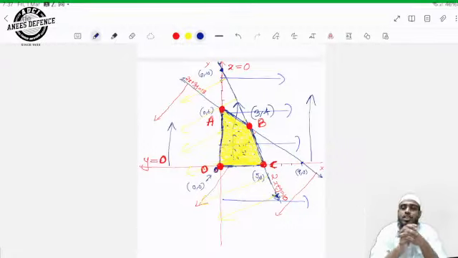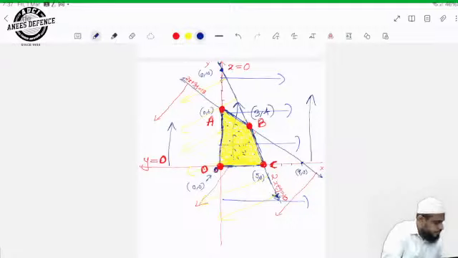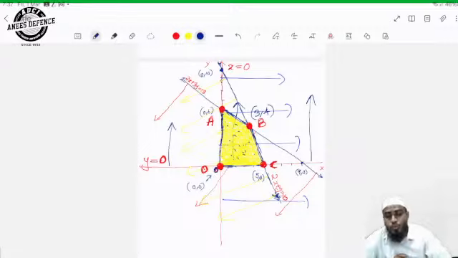What is the optimal solution? That can be obtained at the corner points of the shaded area. In this particular example, there are 4 corner points. So at those points, you will be able to get the optimal solution. What is the optimal solution?